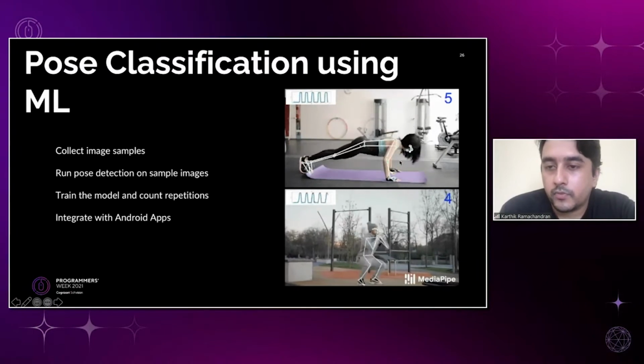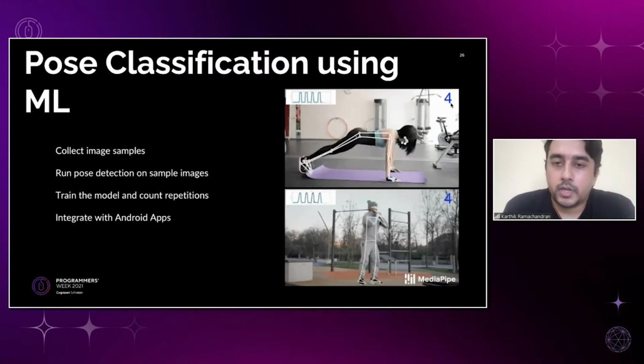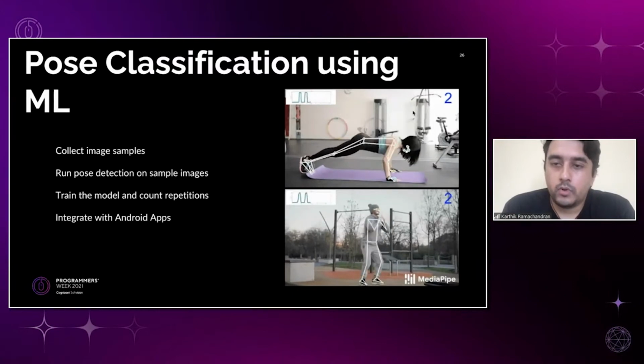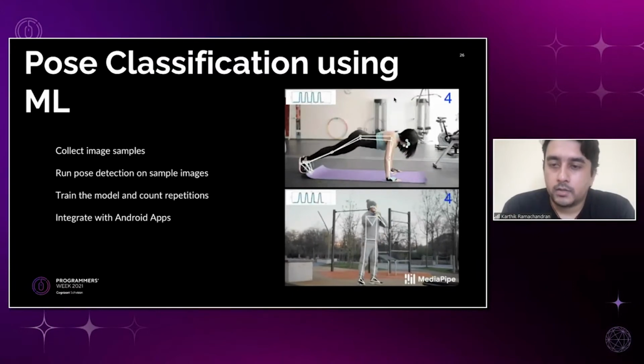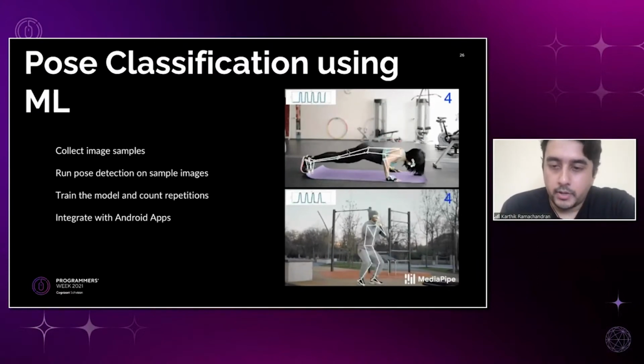If it is, then increment the counter. For this, we are using an algorithm called KNN, K-nearest neighbors. I won't delve deep into it, because it's beyond the scope of this talk.